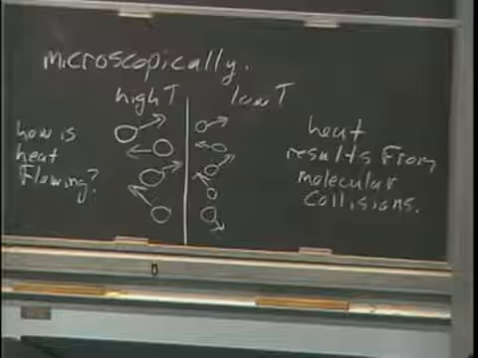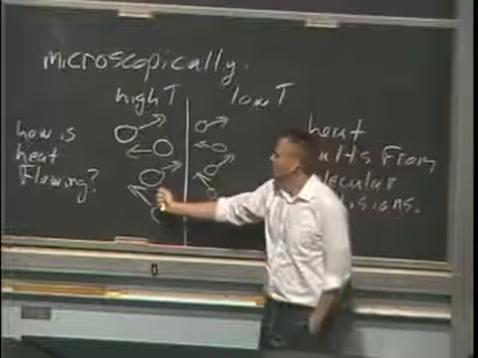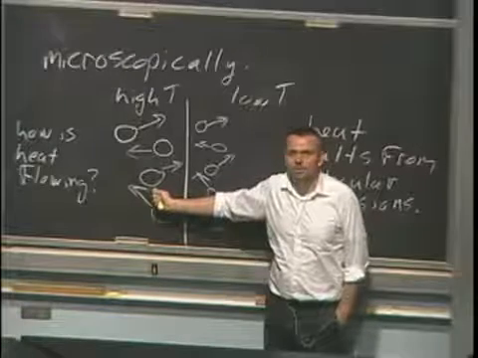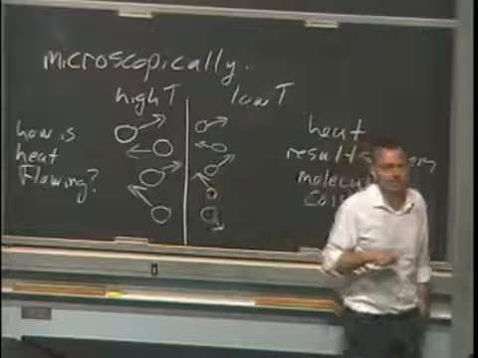When we think about this in terms of individual molecules, we know that energy will tend to be transferred from the high energy molecules to the low energy molecules when we have a collision.